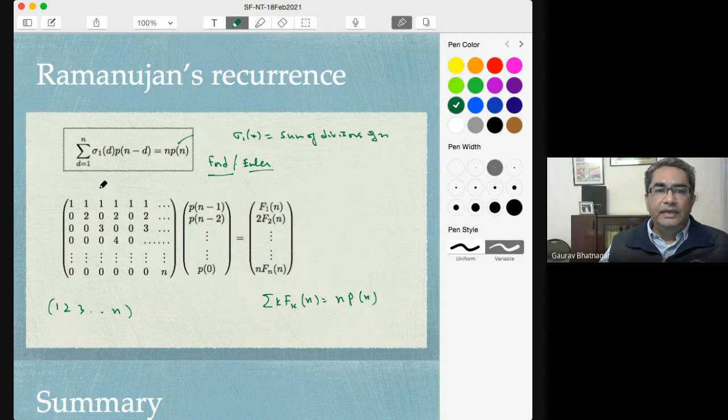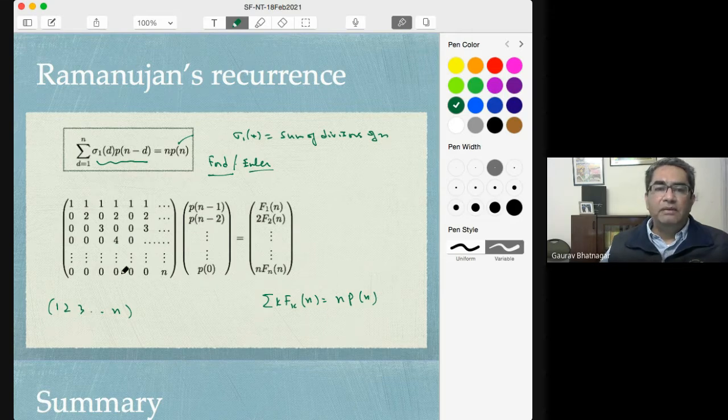This is the column sum. If I multiply this matrix by this, this by this, and then sum over columns, each column will be this. You can see over here it's 1 and 2. So both of those terms are there, and with both of them you get P(n-2).